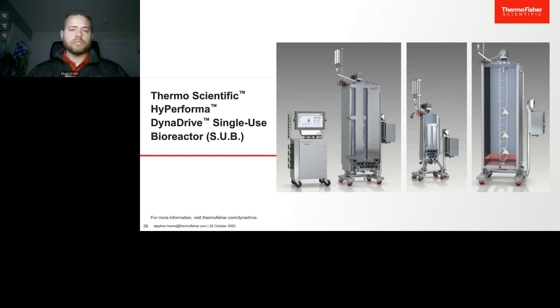And this is purpose-built so that it's not just a viewport, but really a place where we can put in very large ports for cell retention devices like TFF or ATF systems. So this is just one example of how we've built a standardization of flexibility into this next generation of bioreactors, or the DynaDrive.